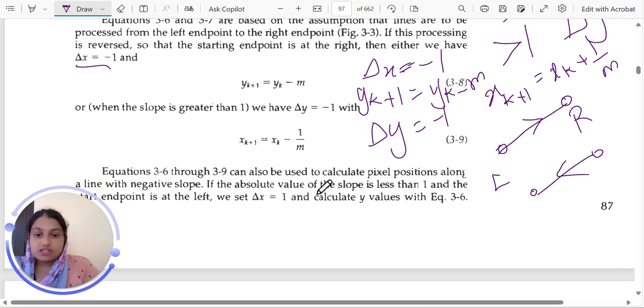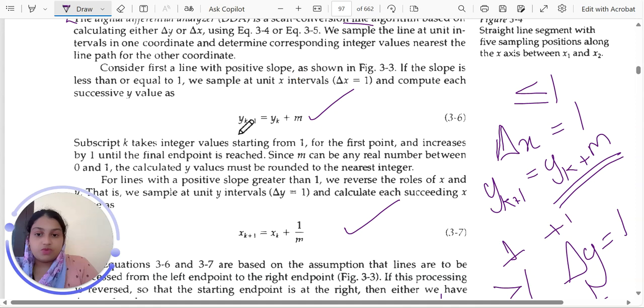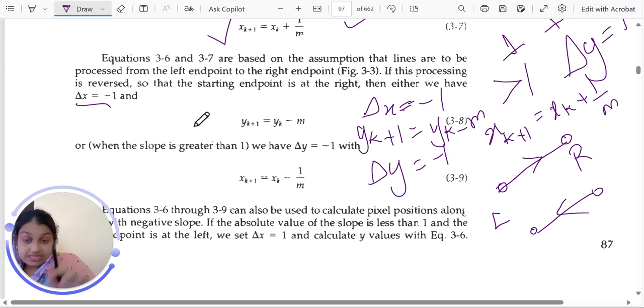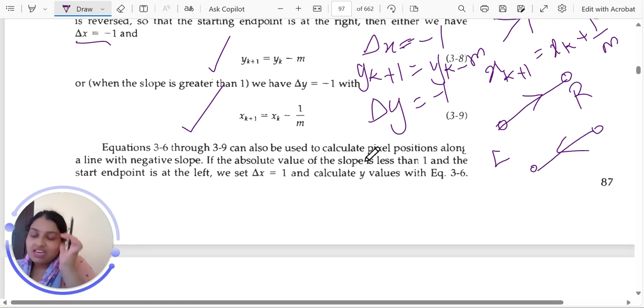Now equations 3.6 through 3.9: yk plus 1 equal to yk plus m and xk plus 1 equal to xk plus 1 by m, and for the reversed direction, when delta x equal to minus 1, yk plus 1 equal to yk minus m and xk plus 1 equal to xk minus 1 by m. All these equations can also be used to calculate pixel positions along a line with negative slope.